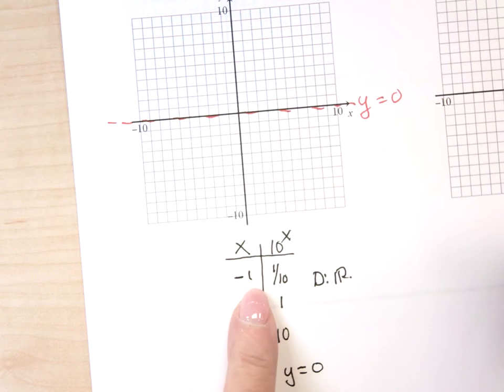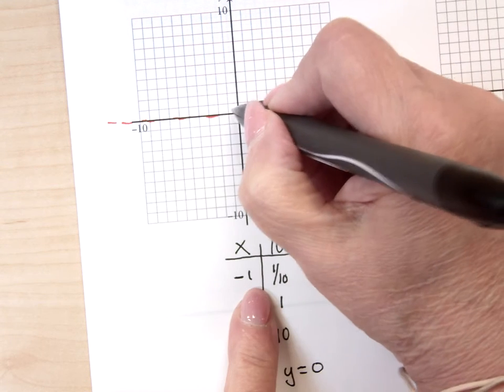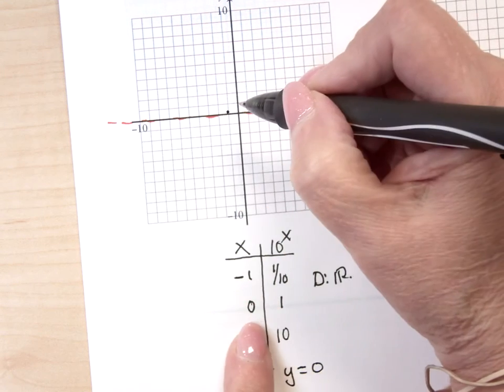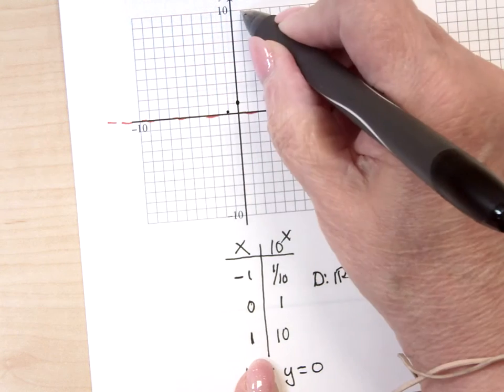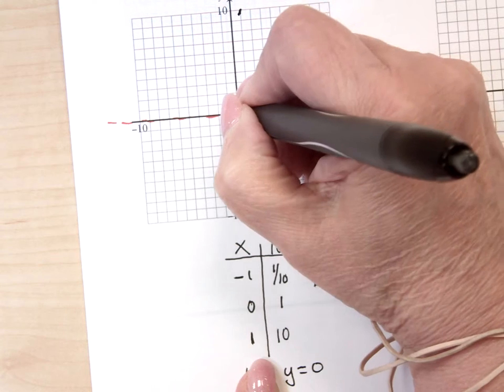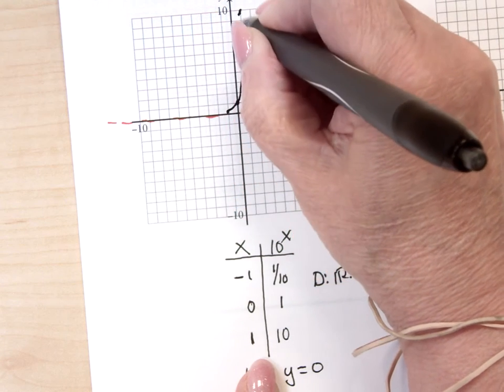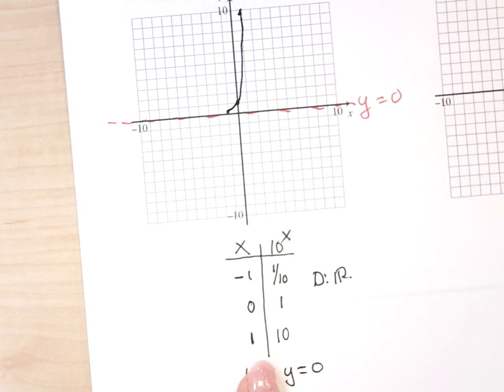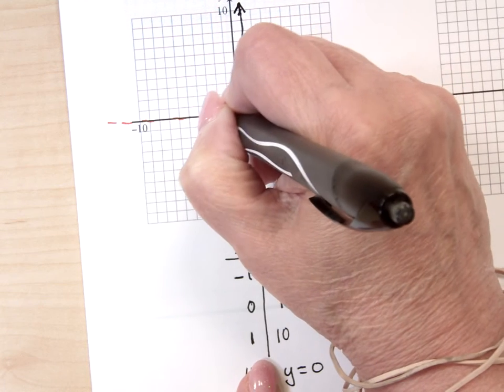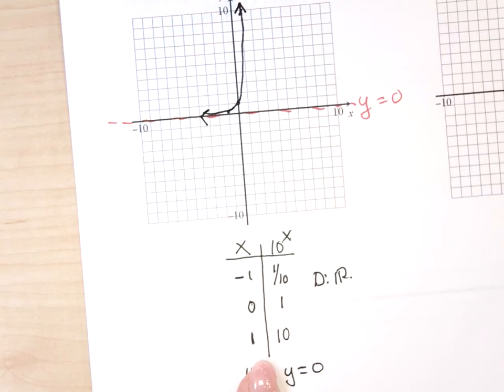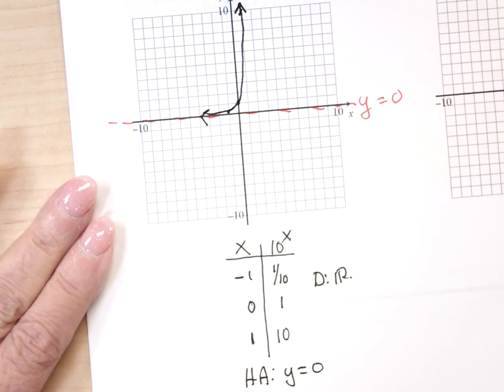And at negative 1, it is 1/10, very close to the x-axis. At 0, it's 1, and at 1, it's 10. And then I connect the dots. You notice he goes off very, very fast. He's very, very steep, and then he's going to ride along the y-axis. So that's the exponential.